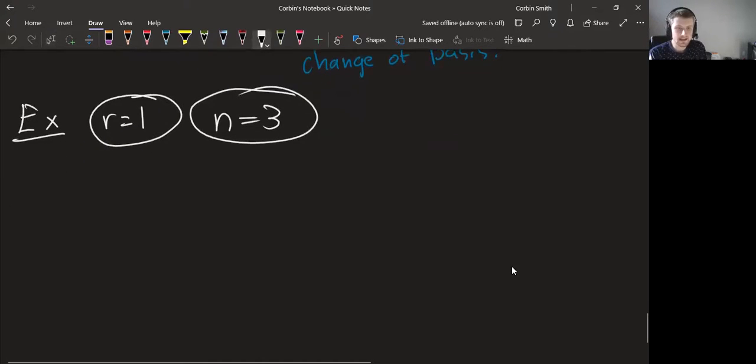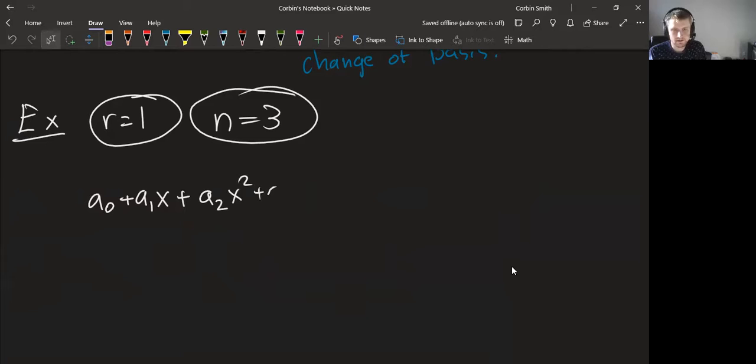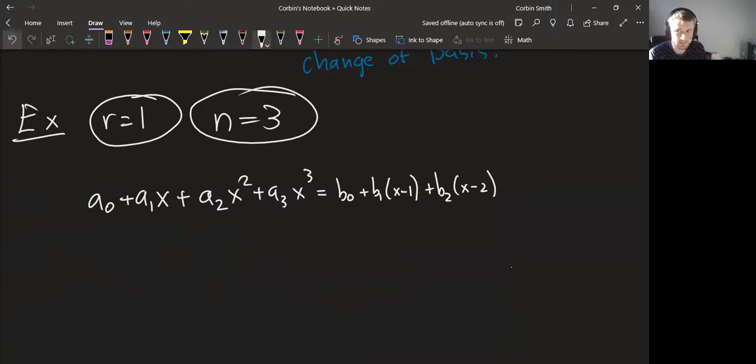What we see is that if we have r equal to 1, n equal to 3, then we have a0 plus a1 x plus a2 x squared plus a3 x cubed equaling b0 plus b1 (x minus 1) plus b2 (x minus 1) squared, my apologies, plus b3 (x minus 1) cubed.